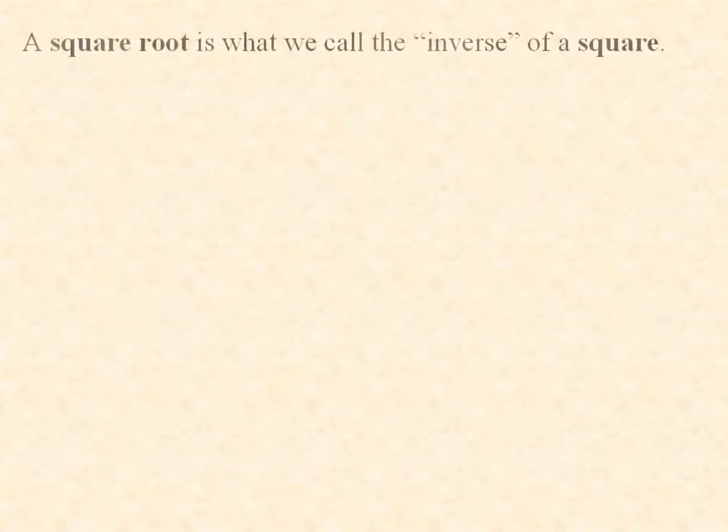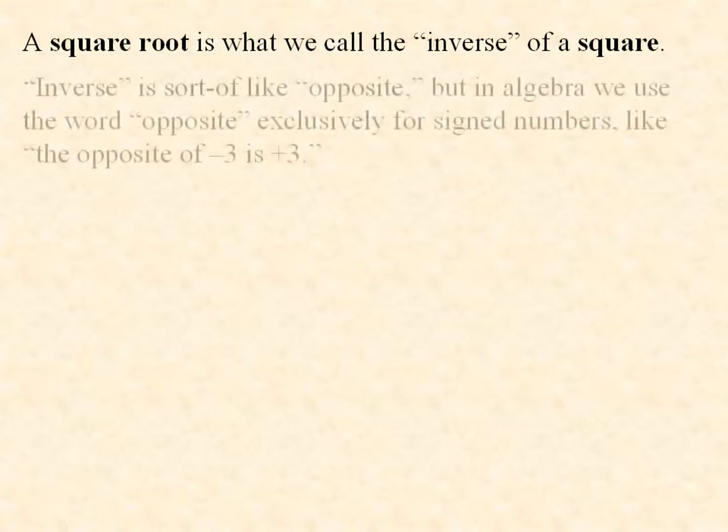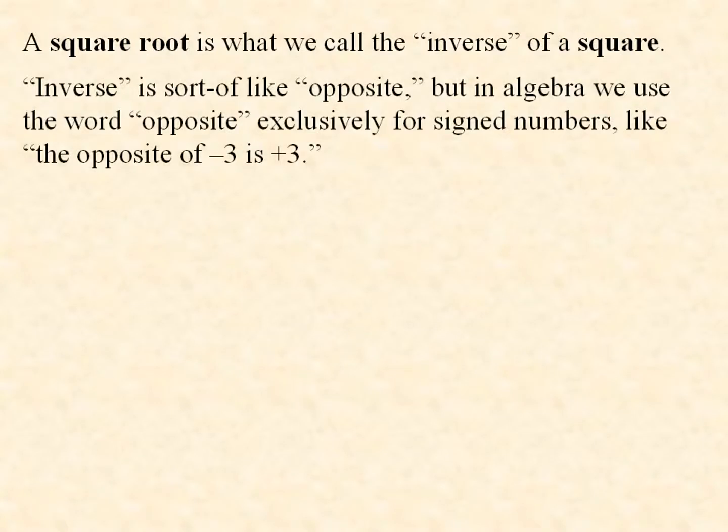A square root is what we call the inverse of a square. Inverse is sort of like opposite, but in algebra we use the word opposite exclusively for signed numbers, like the opposite of negative 3 is positive 3.